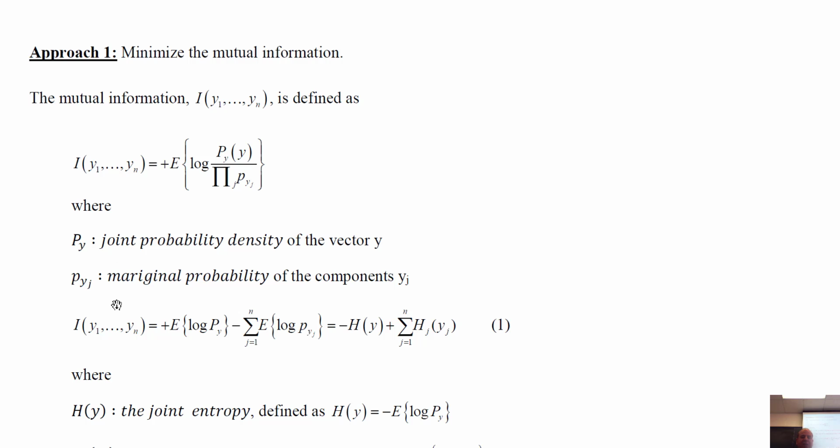So we define all these things here, and you can write this by taking the properties of the natural log and splitting it this way, noting that the expected value operator is a linear operator, so you can pass it through the summation. A linear operator is just a mapping that's linear.